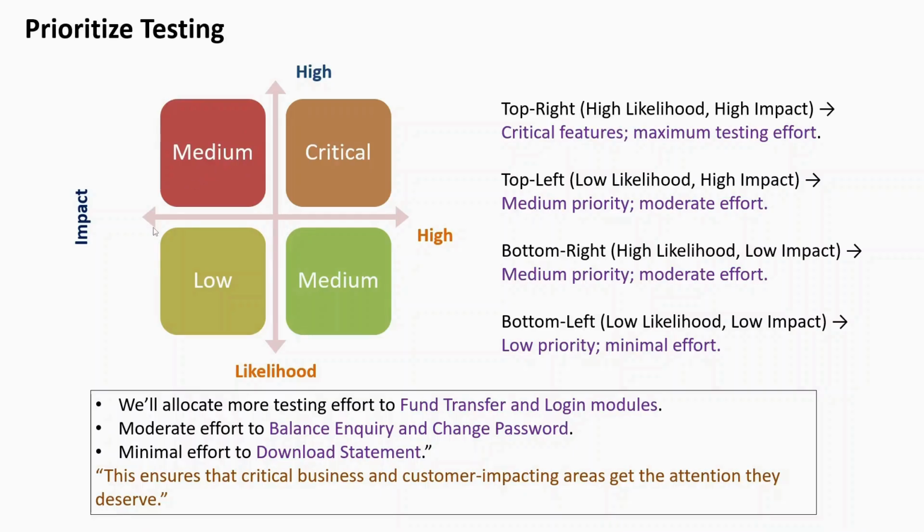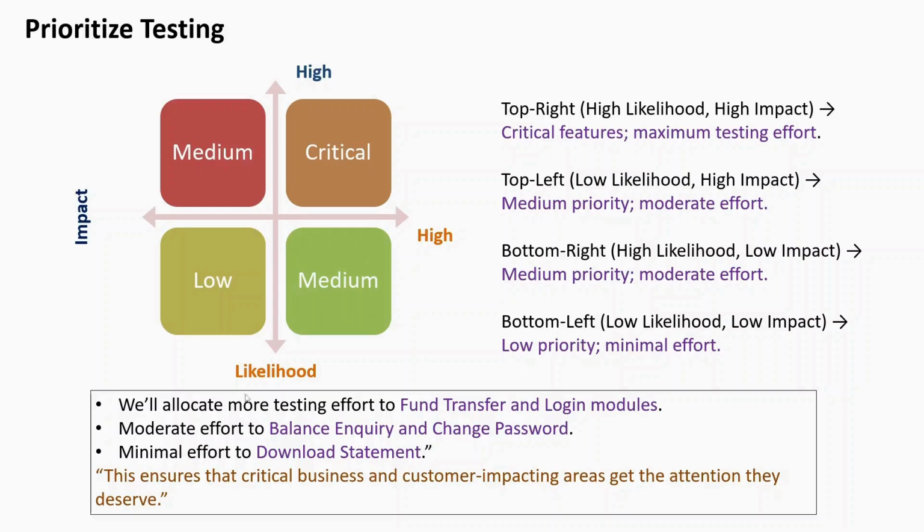Here the impact is low as well as the likelihood is low, so we can put low risk features here, for example, the download statements. Here the impact is high whereas the likelihood is low. So we can consider this risk level as medium, and the features where the risk levels are low, we can put into the 4th quadrant.